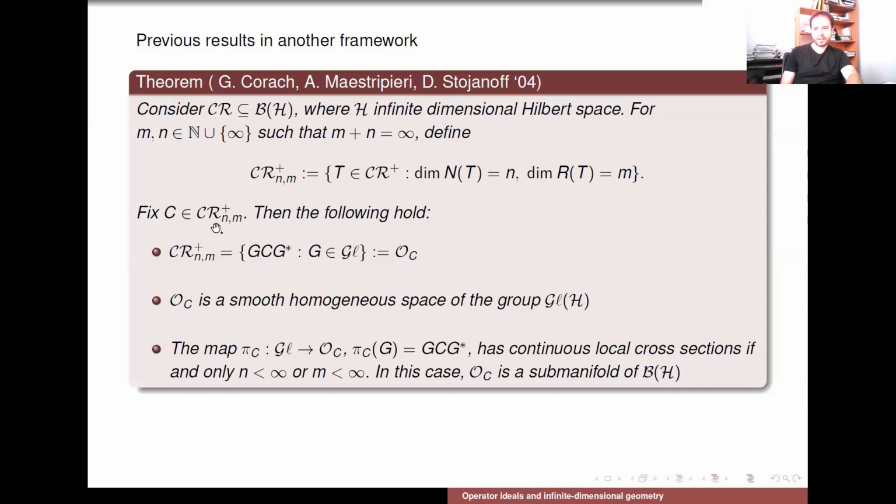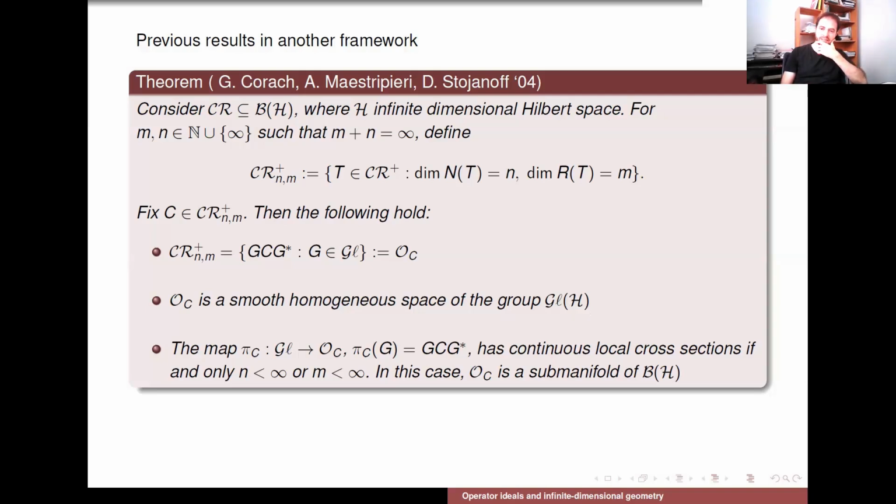Then for every operator C fixed in one of those sets, the congruence action indeed gives here a transitive action. So these sets are indeed orbits, and they prove more. These are indeed smooth homogeneous spaces of the usual invertible group.